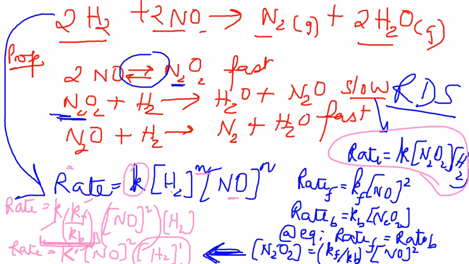So comparing these two equations, you can say that the value of M, which is the power for hydrogen, is equal to 1 and the value of N is equal to 2. And you would say that this is consistent with the rate expression. You can actually write in that format, and you can determine the final orders with respect to both H2 as well as NO.